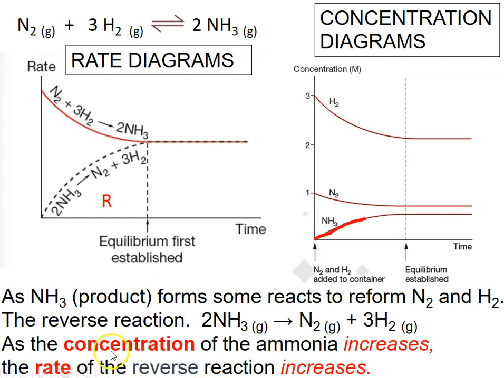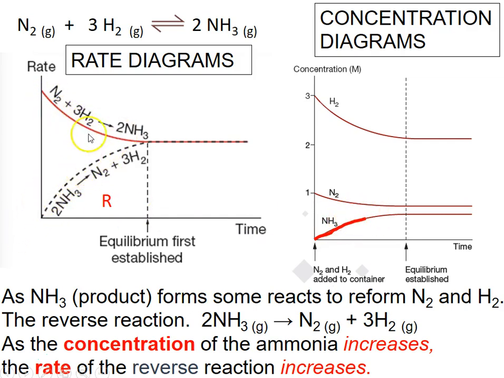So when you're writing explanations for this, always start with your concentration. As the concentration of the ammonia increases, the frequency of collisions between ammonia molecules will increase, so the rate of the reverse reaction increases. So you notice that the concentration of these is going down, the rate of this is going down. The concentration of this is going up, the rate of this is going up.